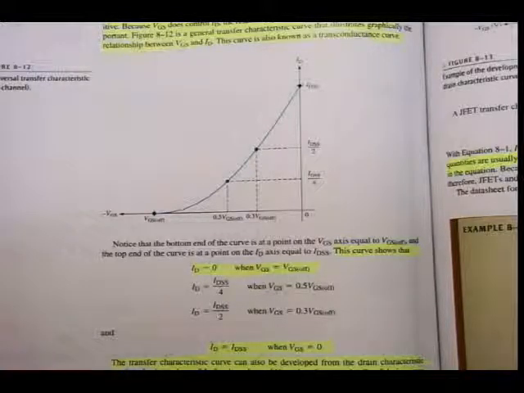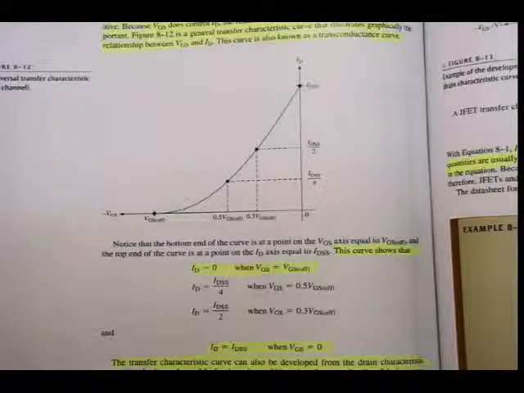This curve shows that ID is equal to 0 when VGS is equal to VGS off, and ID is equal to IDSS when VGS is equal to 0. Alright. Then there are values in between.